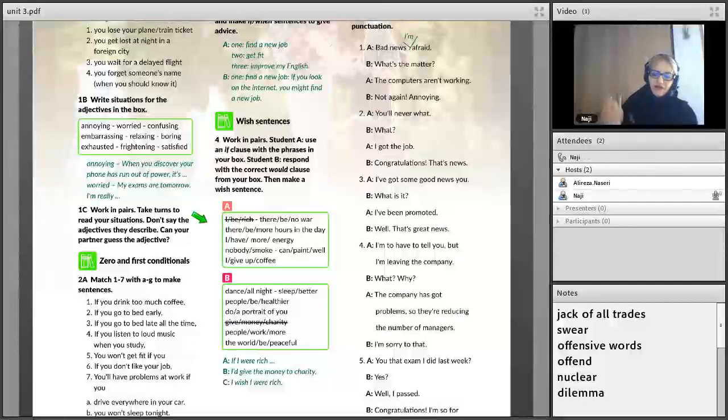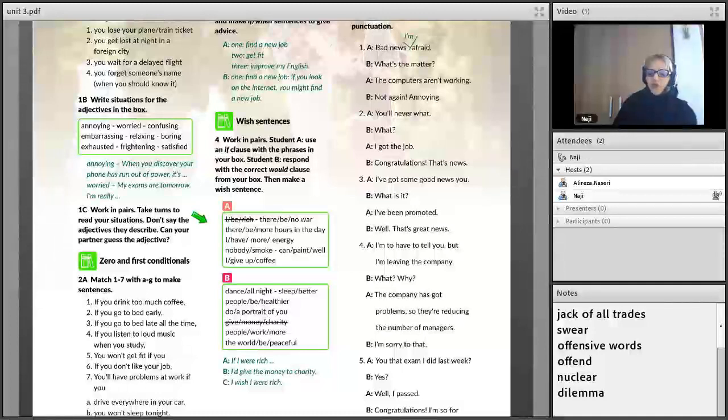Unreal, imaginary, hypothetical situation for now. If I was rich or if I were rich, informal was, formal were. If I was rich, I'd give money to charity. I'd give. This I'd means I would give.